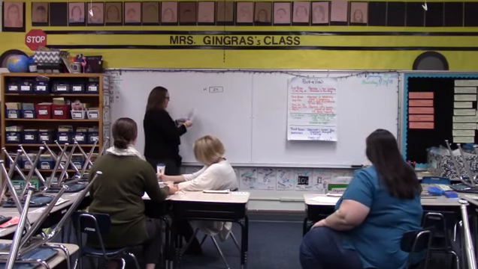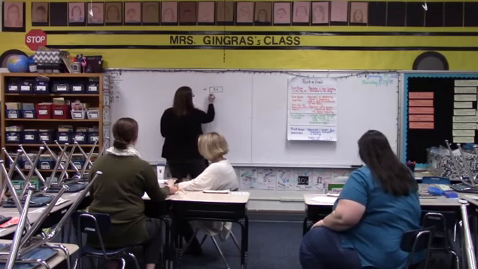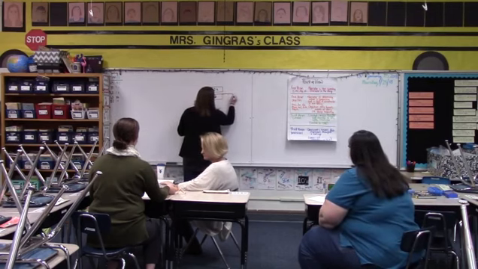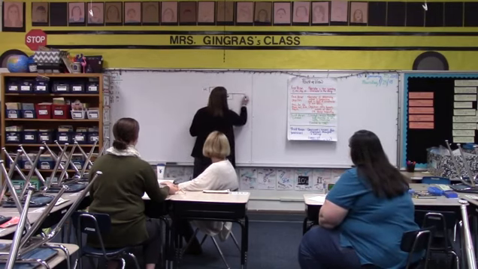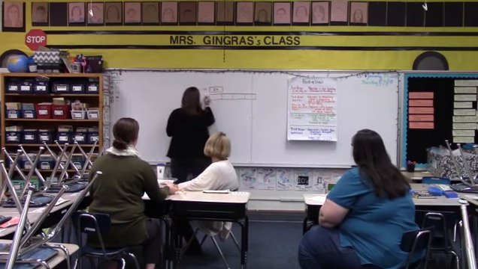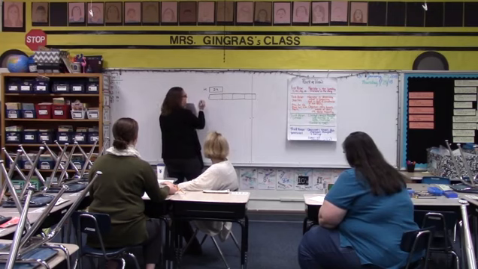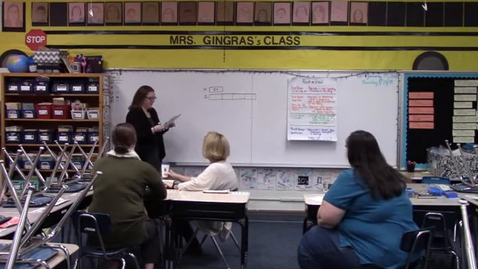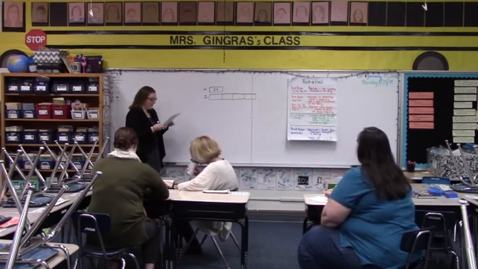And now I'm going to draw 4 units that are the same size as this, or as close to it as I can. And this is going to be who? Grandpa, yeah, because he's how many times older? 4 times as old, okay.